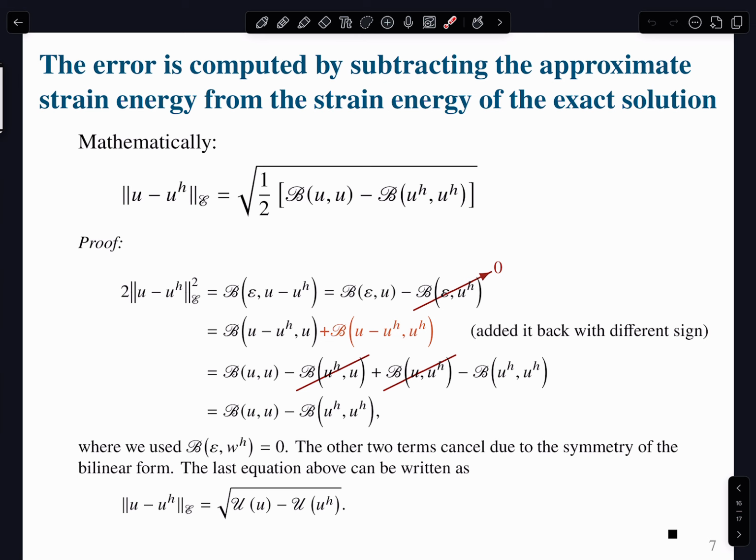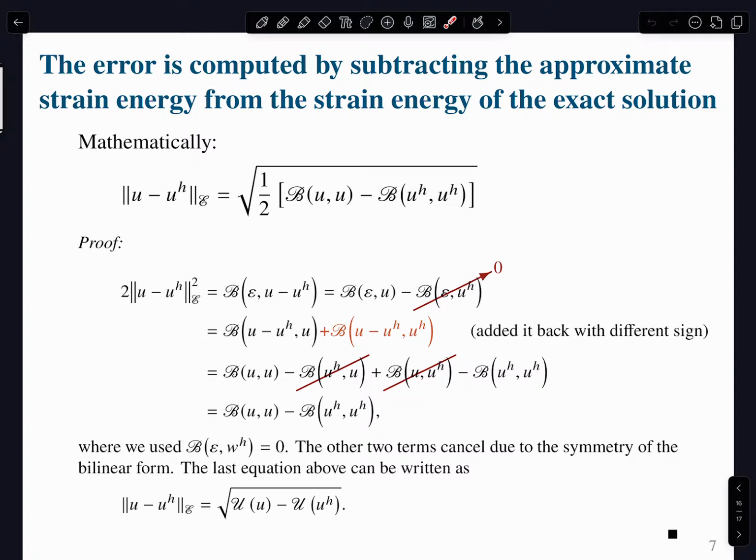Can that approximate value get closer to the exact solution? Yes. If I take more refined meshes, I'm going to get a better approximation to the exact strain energy. What you will see is that, at least in the project, the first three meshes that you solve are already enough to approximate the exact strain energy within 1% of its value.